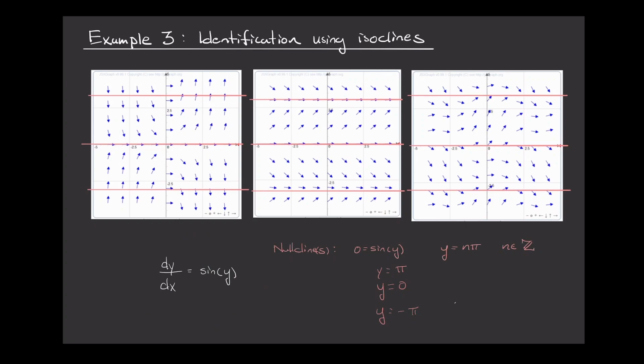Likewise, on the slope field on the right, if we look at this point in particular, the slope field has a positive slope, but if it's going to correspond to this differential equation, it should have a zero slope. We see that the middle graph at least corresponds everywhere to where the slope field should be zero. Here, here, and here. With a little bit more investigation, one will find that in fact, the middle slope field does correspond to this differential equation.